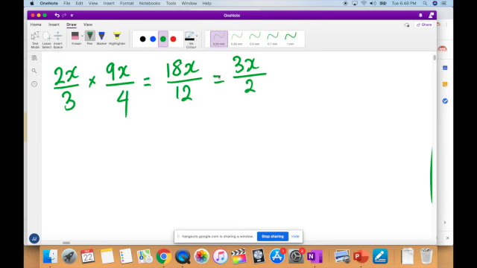But you see here what went on, but there was another way. Where's the different way? 2x over 3 multiplied by 9x over 4.